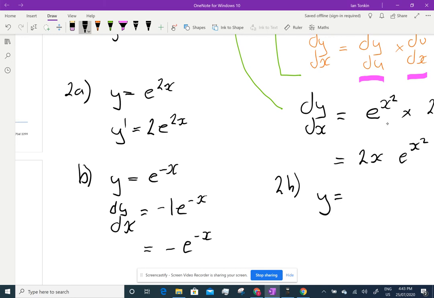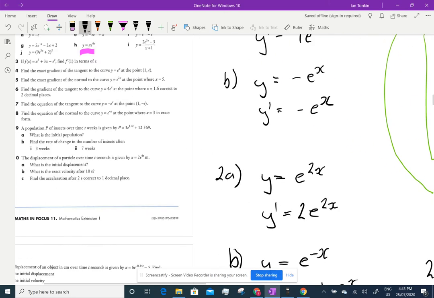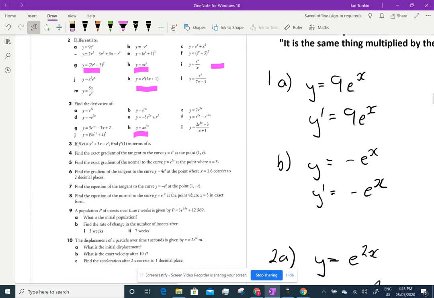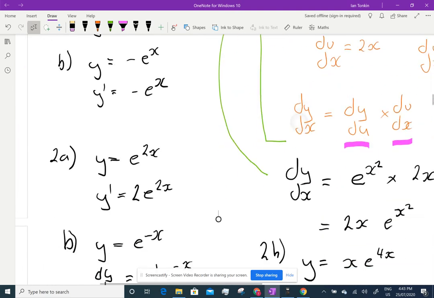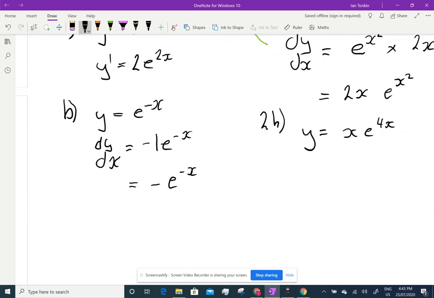Now, 2h, y equals x e to the 4x. I think that was a question. Let's have a look. Yep. So the derivative, and you need to remember and say it out loud if you can, is the first, x, times the derivative of the second. So it's just the derivative of this e to the 4x.